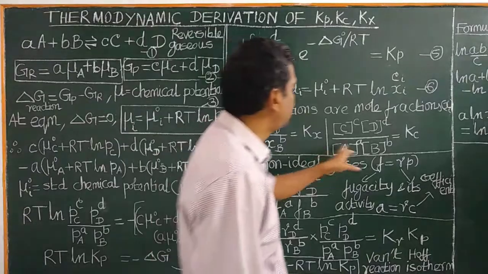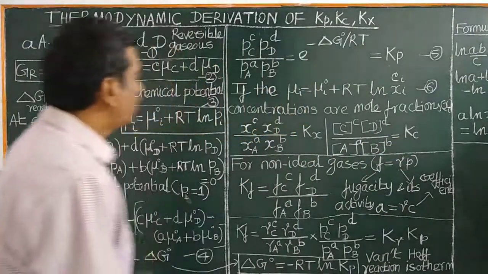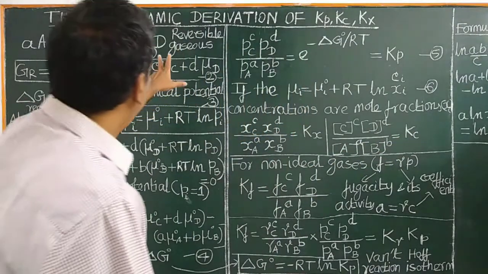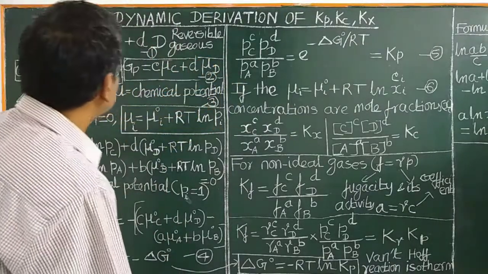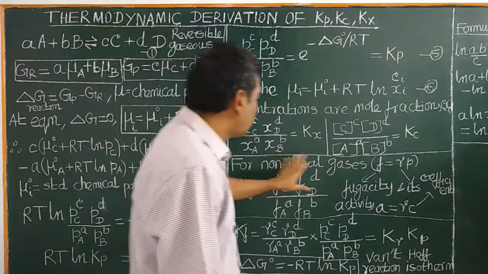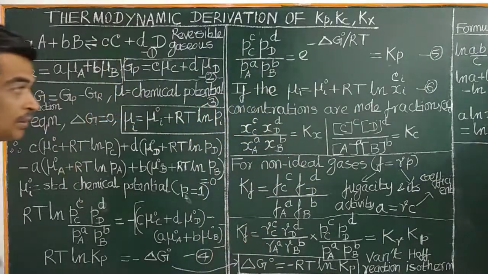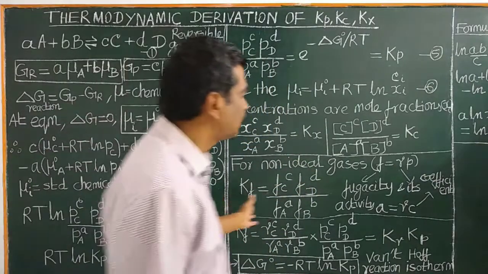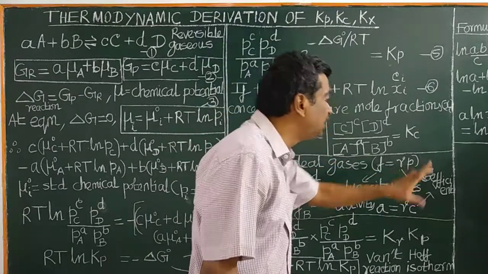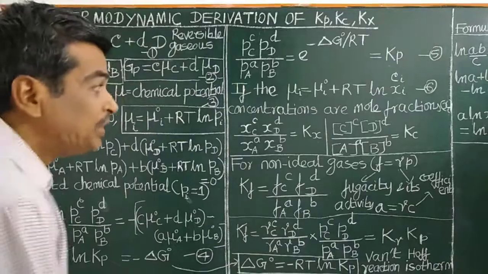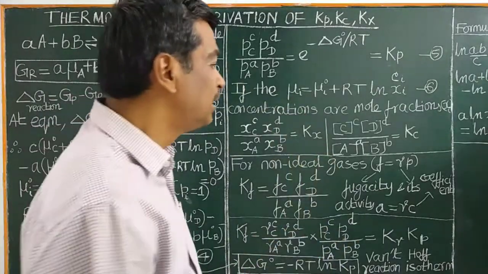We have derived this in terms of concentration. Now, this we have assumed for ideal gases. For non-ideal reactants and products, for real gases, the partial pressure is expressed in terms of fugacity. We study fugacity in the fugacity chapter.